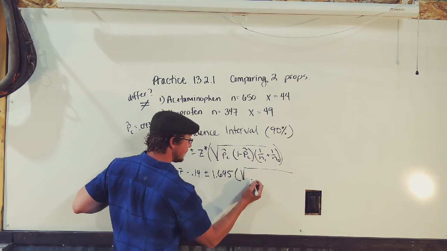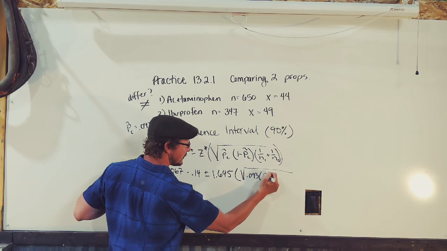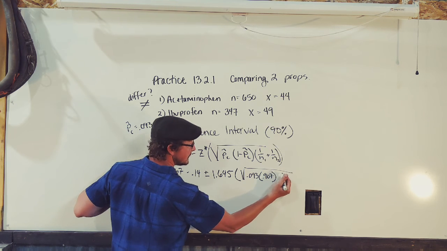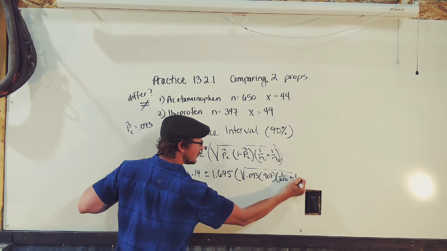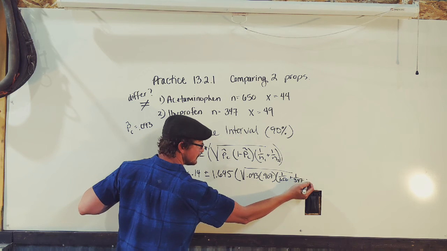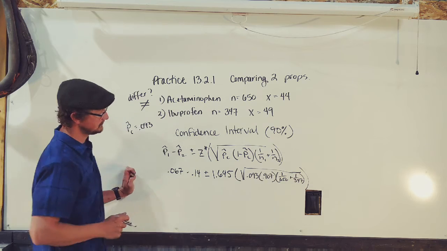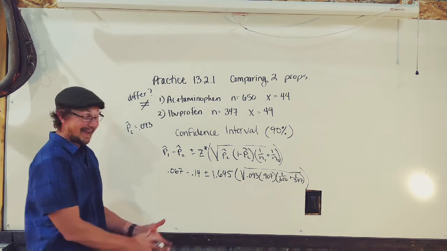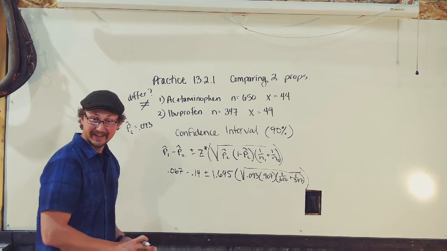Times the standard error, which is 0.093 times 0.907 times 1 over 650 plus 1 over 347. And now that I've got that written down, I'm going to put none of it into my calculator.